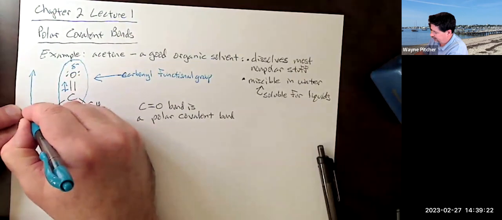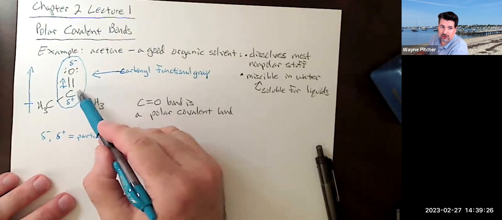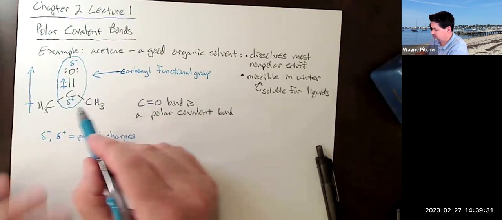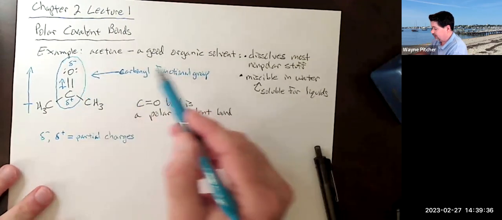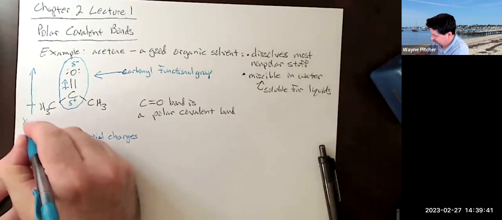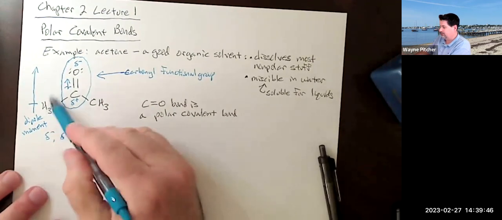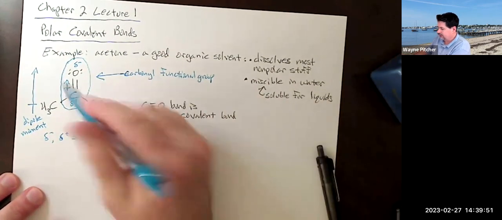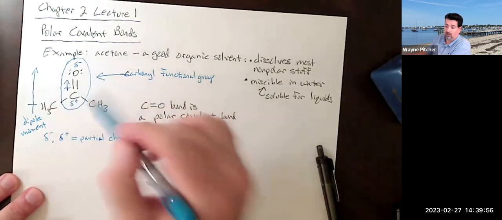Because of the way acetone looks, because of its shape, its geometry, one side of the molecule is more positive than the other side. And so we have a net dipole moment. We draw that the same way that we would draw the polar covalent bond, with that arrow with the plus sign at one end, only we make it bigger for the whole molecule.